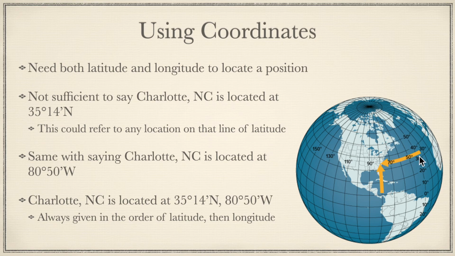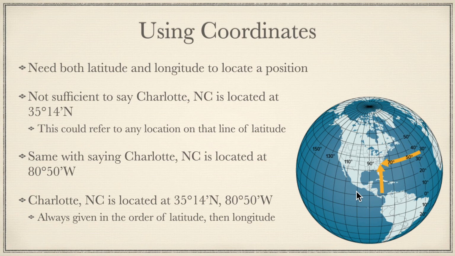Okay, so if this is my 35 degrees 14 minutes, really anywhere on that line, if that's all I had was the latitude, it could be anywhere on that line around the globe. So you need a grid. You need a place where these two lines cross, just like if you were graphing something.